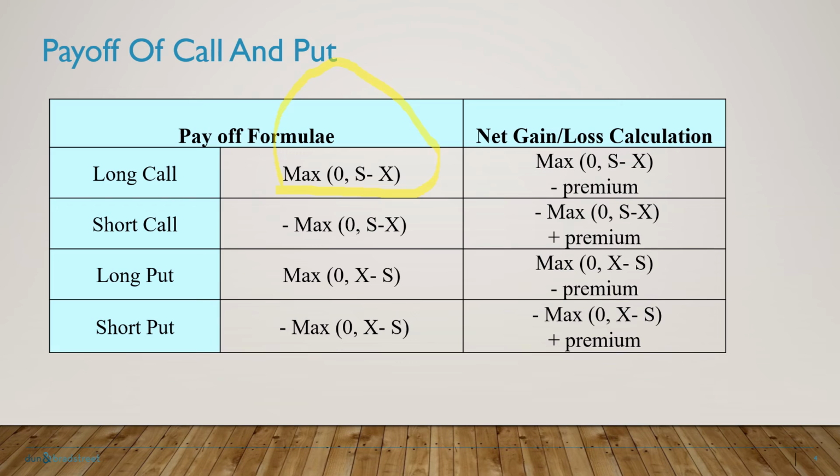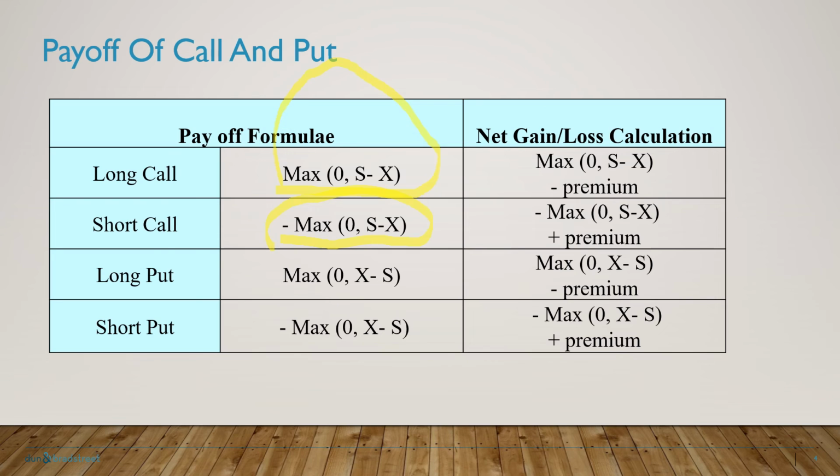But when it comes to short call, we are using the value max of 0 comma S minus X with a minus sign. Which essentially means that whatever solution you get in Excel by using the max function, you will get a negative value, which means that the payoff can become negative, and that's why the seller of a call can lose any amount of money. The same would go for long put and the short put.